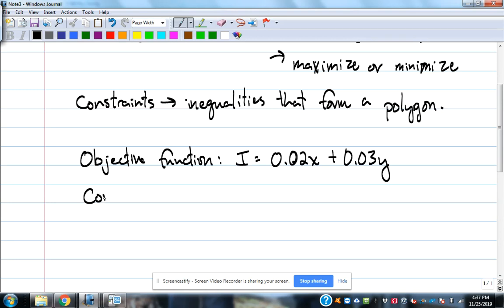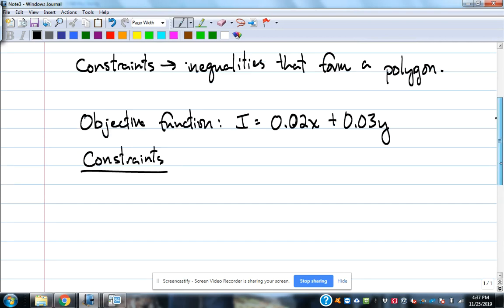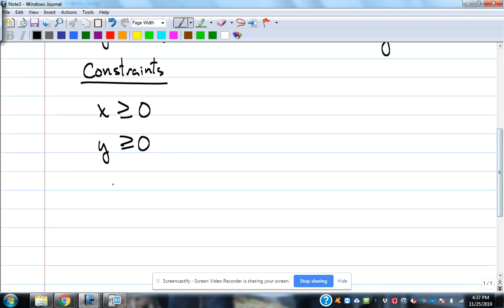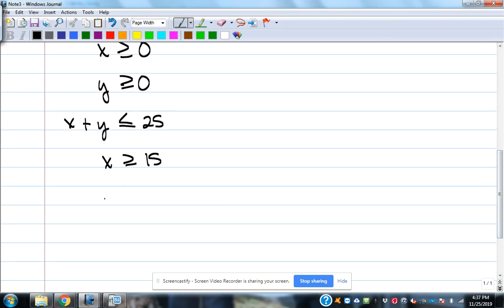Then they'll give you these things called constraints, and the constraints are a list of inequalities. Our inequalities are: x is greater than or equal to 0, y is greater than or equal to 0, x plus y is less than or equal to 25, x is also greater than or equal to 15, and y is less than or equal to 5.